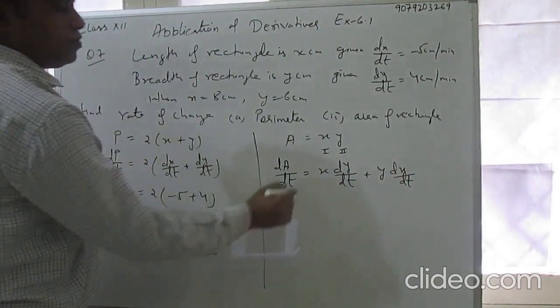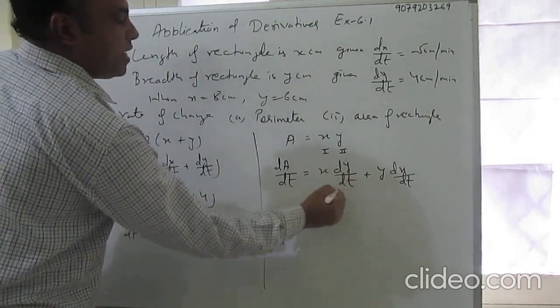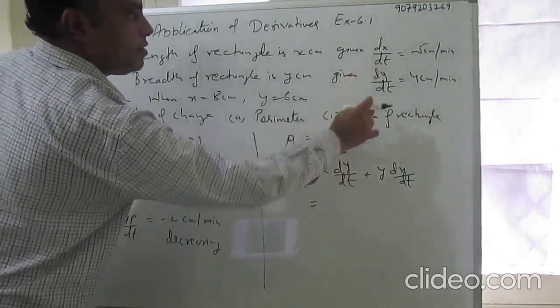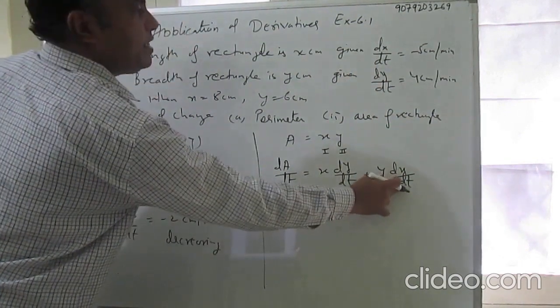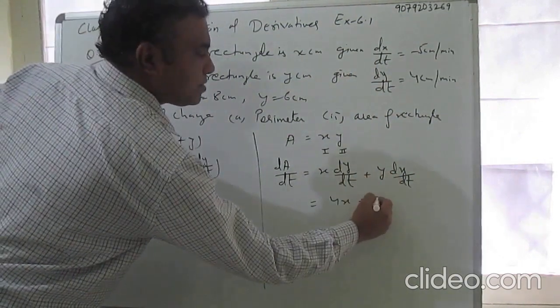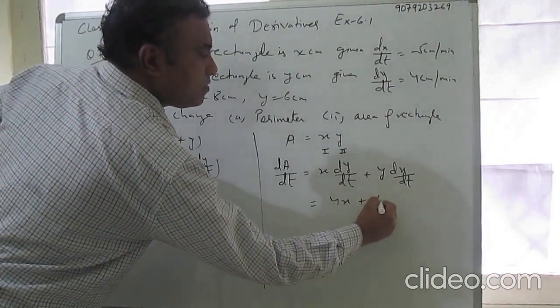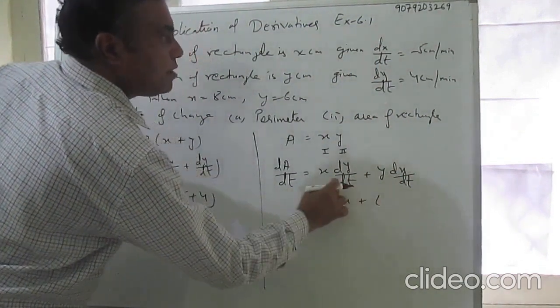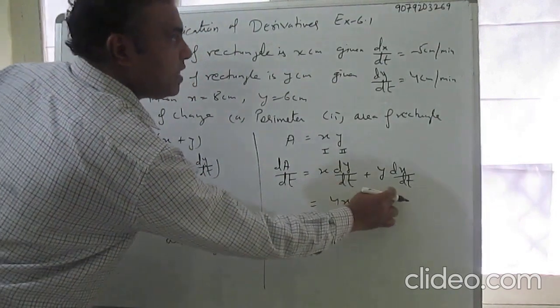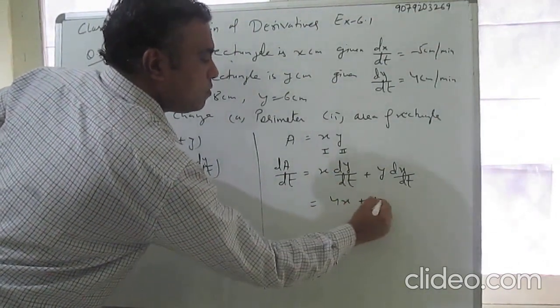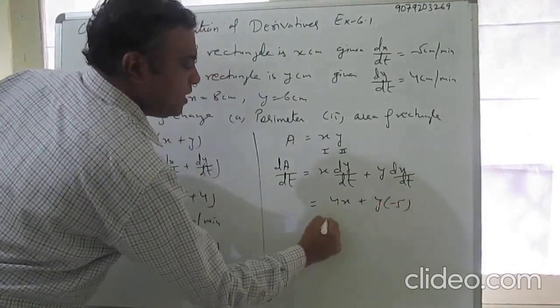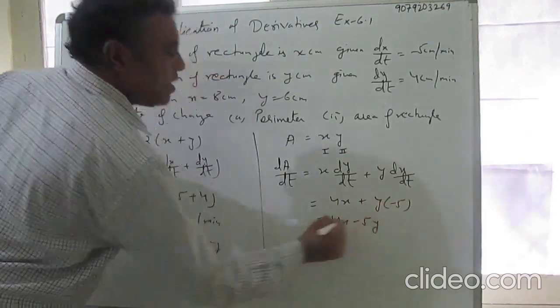Now putting the values, dy/dt is 4, so 4x. dx/dt is minus 5, so y into minus 5. So it is 4x minus 5y.